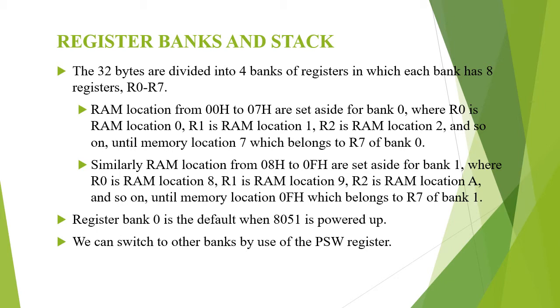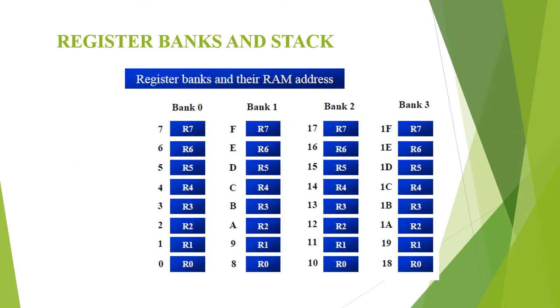We can switch to the other banks by the use of the PSW register. So this shows the register banks and their RAM addresses. There are 4 banks, each of 8 registers. The addresses for each bank are shown in the figure.